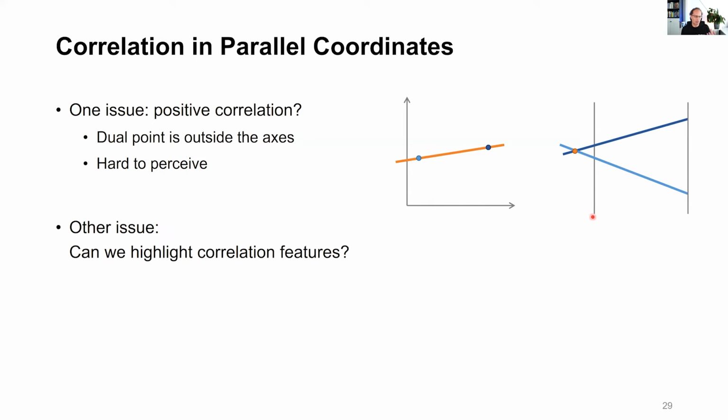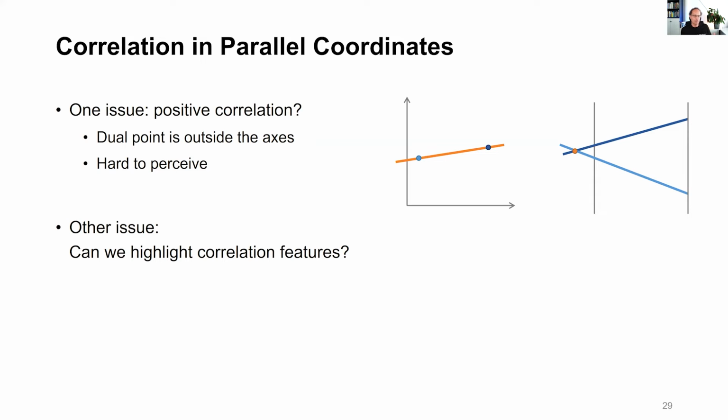And this causes a big problem because usually parallel coordinates are drawn in a way that you only draw the interior between this pair of axes, because you need the space for the following adjacent axes if you want to do multidimensional data visualization. So in other words, it's very hard to perceive these intersection points because they're not actually drawn. You have to infer just from this visual information here.